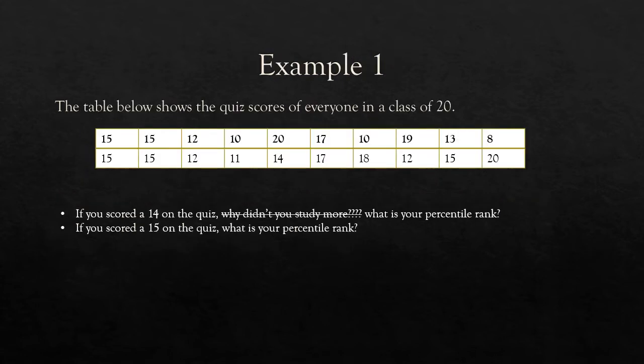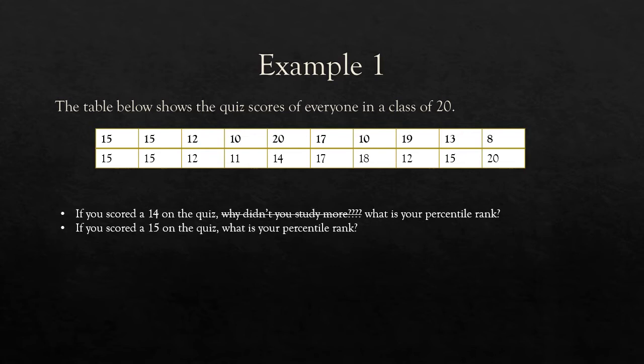Okay, so we've got a table here that shows the quiz scores of everybody in a class of 20 people. You can see we've got a bunch of 15s and 12s and so on. And we're asked, if you scored a 14 on the quiz, what is your percentile rank? So again, what we need to know is how many scores are to the left of 14 if we were to graph this in, say, a histogram or a dot plot.